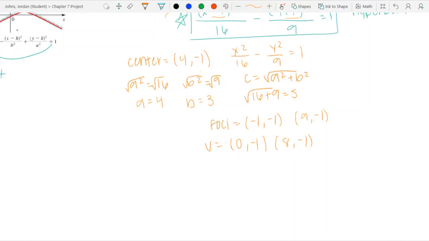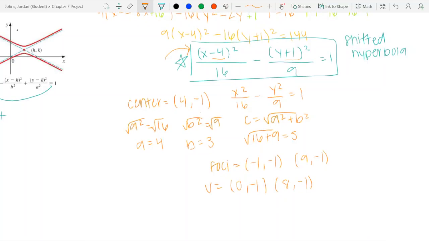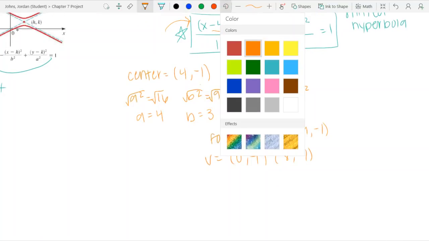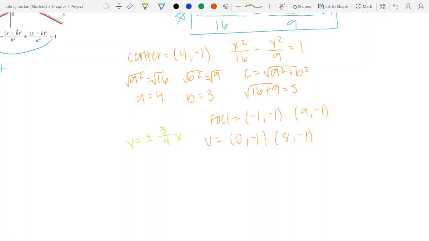Okay, so that leads us to the asymptotes. The asymptotes of the unshifted hyperbola, let's do this in a different color as well, let's go green, are y equals plus or minus 3 over 4 x. So the asymptotes of the shifted hyperbola would be y plus 1 equals plus or minus 3 over 4 times (x minus 4).